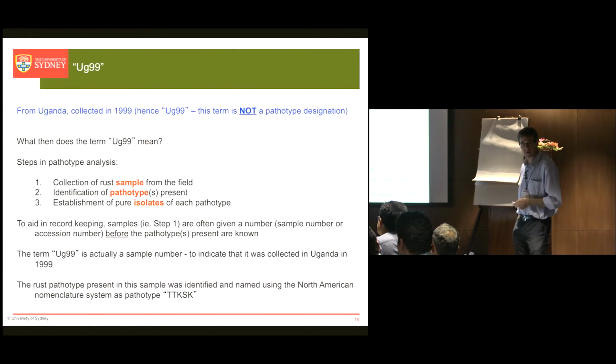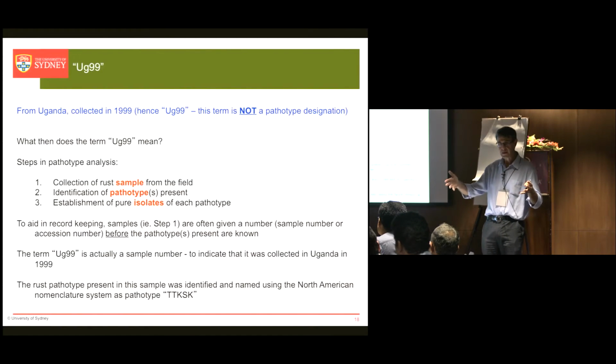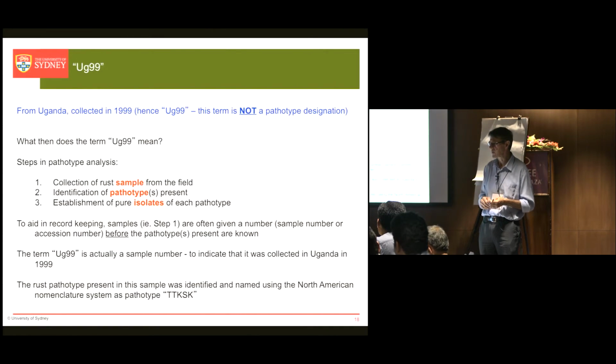When he did the analysis and he looked at the ability of the rust pathotype in that sample to overcome resistance genes, he was able to give it a pathotype designation. Using the North American system for pathotype designation, it was termed pathotype TTKSK. And I think many of you would have heard this expression as well, TTKSK.